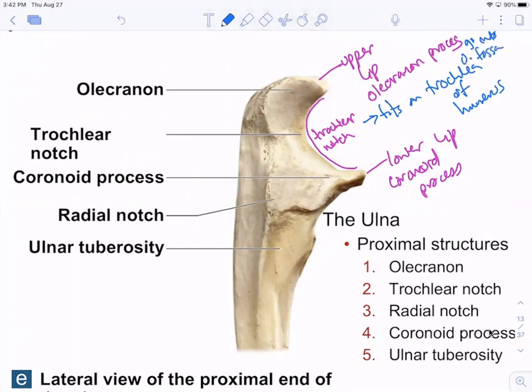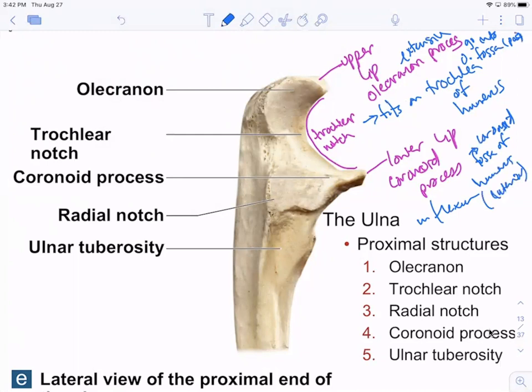So olecranon fossa, and this is posterior, and olecranon process in extension. And in flexion, the coronoid process will go into the coronoid fossa of the humerus, and that's anterior.